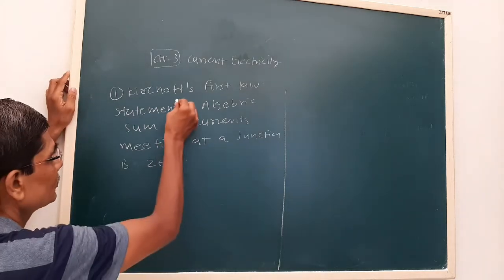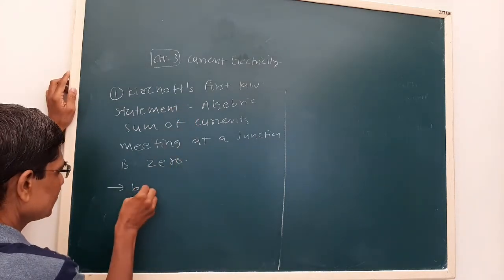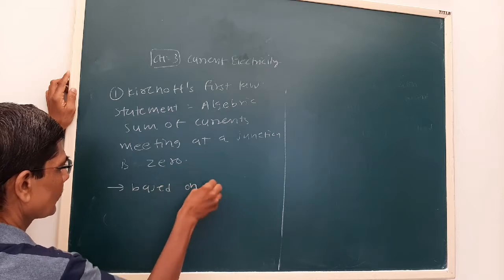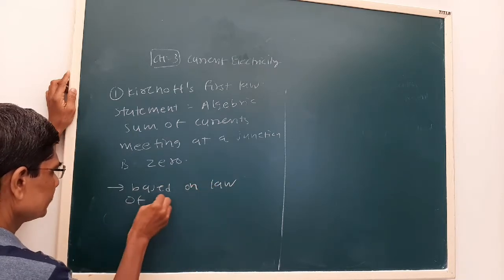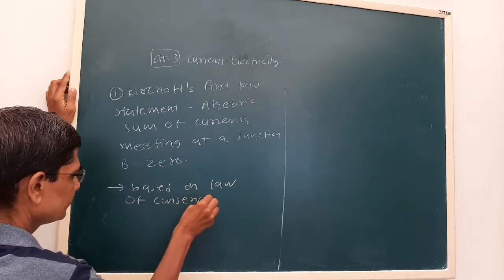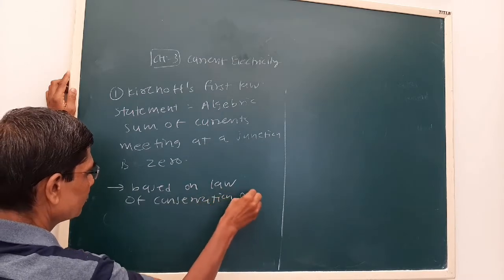The algebraic sum of currents meeting at a junction is 0. Kirchhoff's first law is based on the law of conservation of charges.